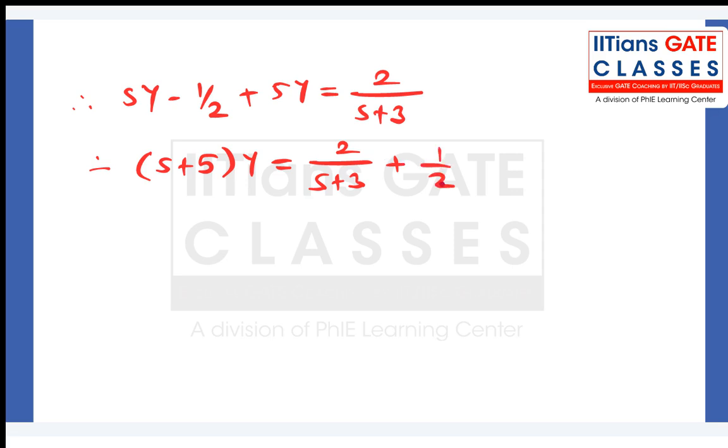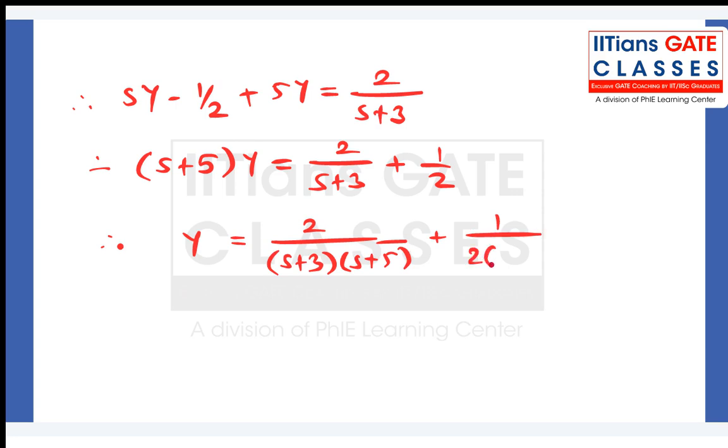Then divide both sides by s plus 5. Therefore your Y is nothing but 2 by (s plus 3)(s plus 5) plus 1 by 2(s plus 5). Now the next step is to take the inverse Laplace of this equation.